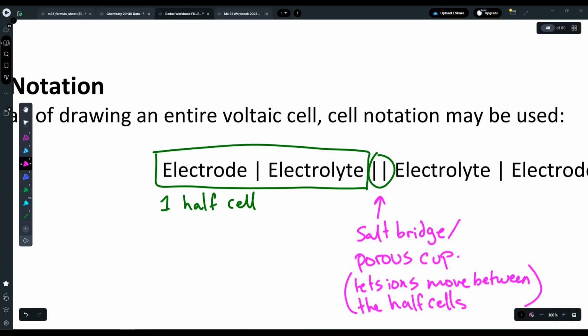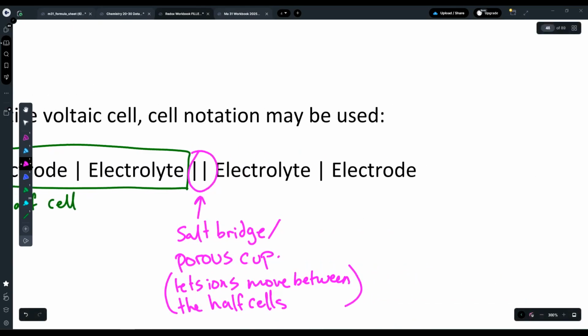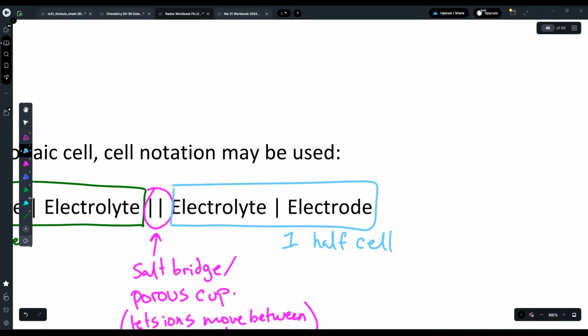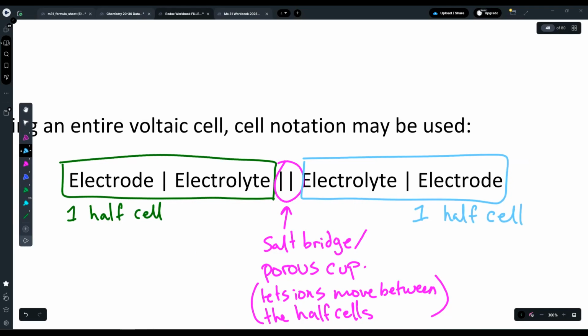We'll make that pink. And then the other half cell is right over here. Notice here that the electrodes are put at the end.